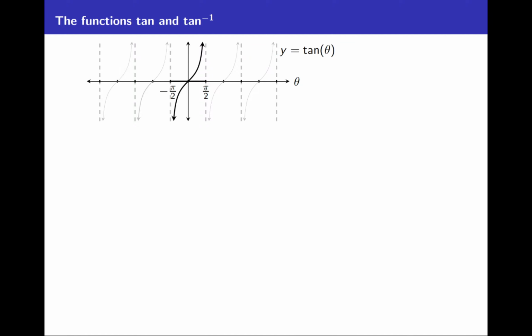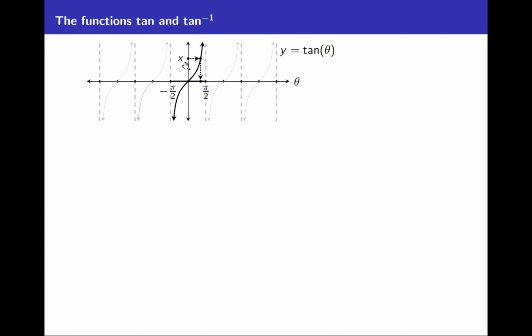However, if we restrict its domain only to include the values of theta between negative pi over 2 and pi over 2, in effect erasing the rest of the graph, suddenly we do have a one-to-one function. So this tangent theta with restricted domain is one-to-one, and it's going to have an inverse.